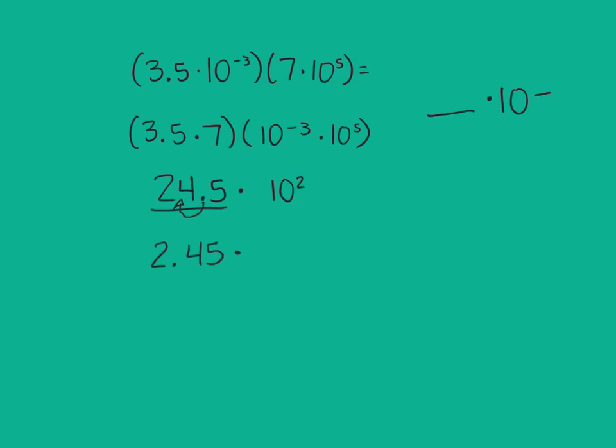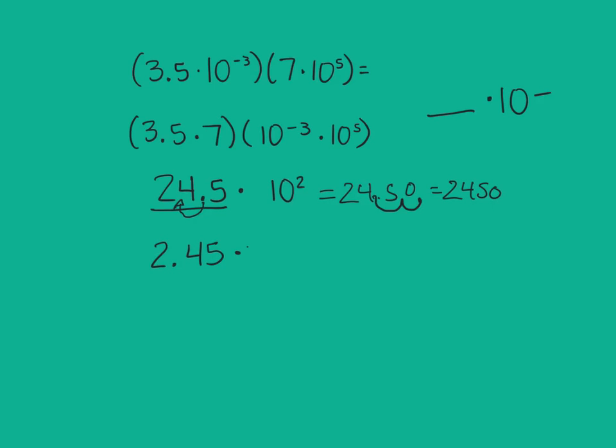Originally, with the exponent of 2, I would only need to move the decimal 2 places to get 2,450. But since I needed to move the decimal point to the left to get it between 1 and 10, now I have to move it one more additional place to get this number.